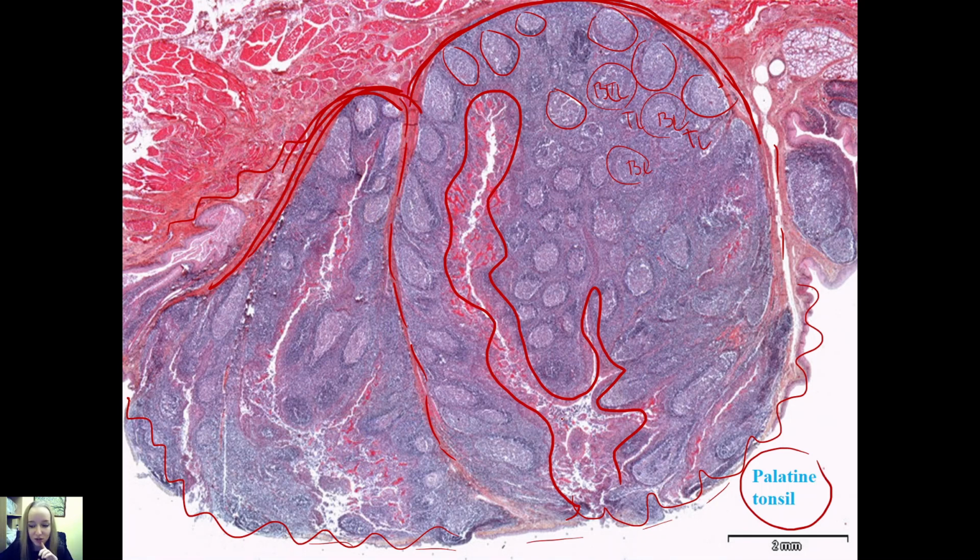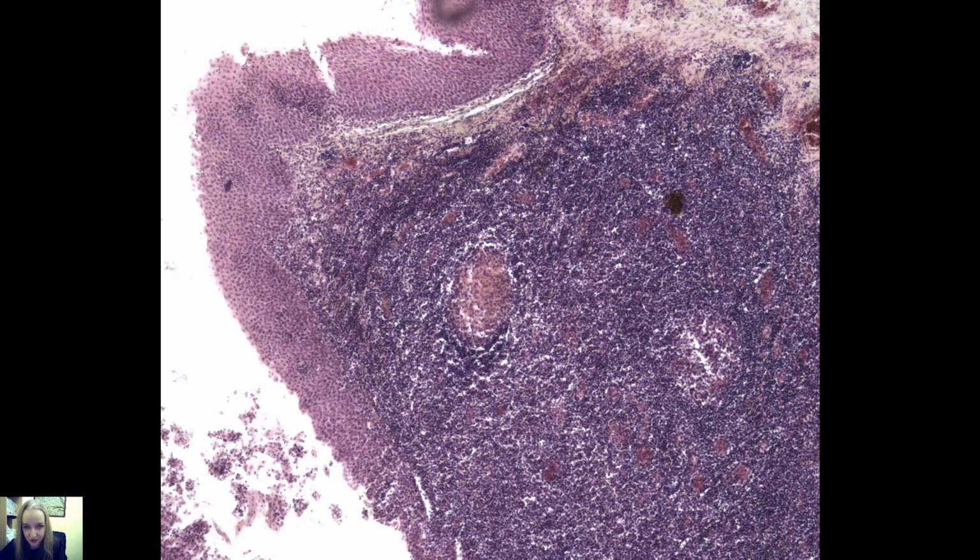And don't forget, when you have a nice look at your palatine tonsils or at some patient, you're able to see the epithelium that is covering the tonsil, but you're not able to see the capsule that is under the tonsil. So in higher magnification we can see nice stratified squamous epithelium here, and this is a follicle over here.